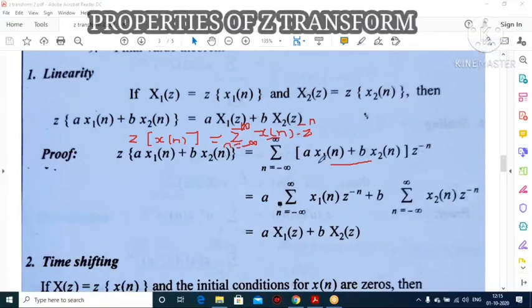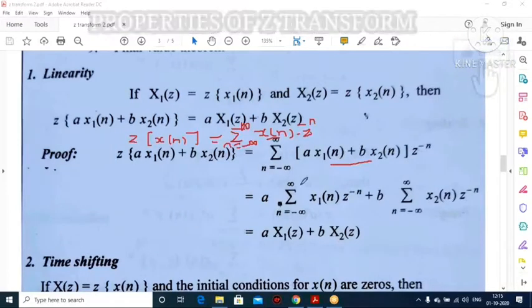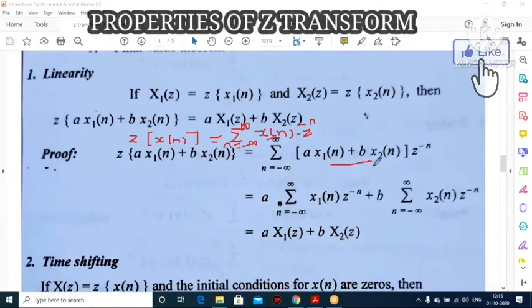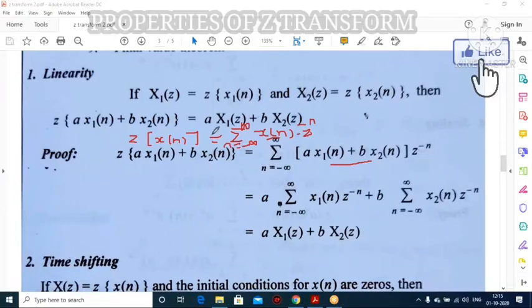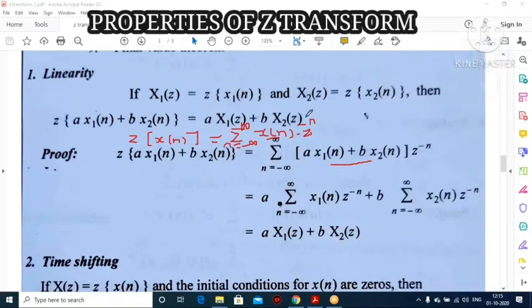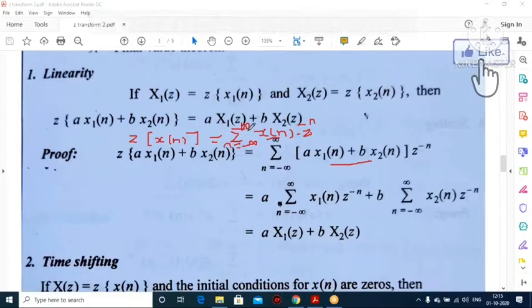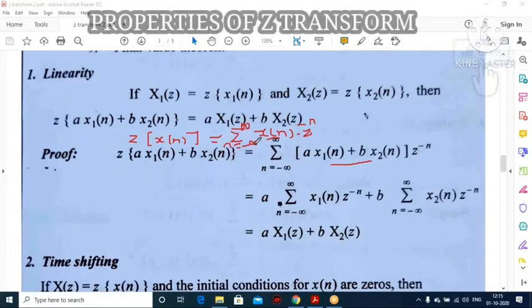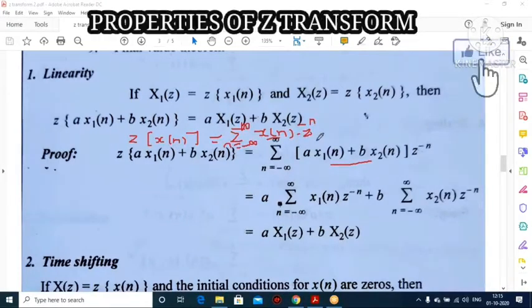Before expanding, split the summation into two terms, because I want to prove a X1(z) plus b X2(z), and X1(z) equals the summation of x1(n) z power minus n.